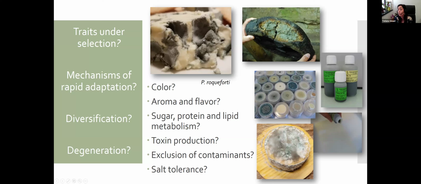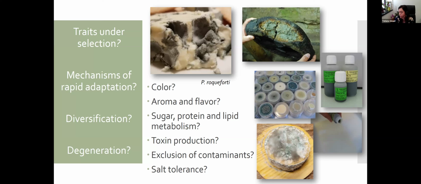So maybe the blue color, probably the aroma and flavor developed by the cheese maturing. Maybe the sugar, protein, and lipid metabolism to be more efficient at using these nutrients. Also, we know that a lot of Penicillium fungi produce toxins that are harmful to mammals.